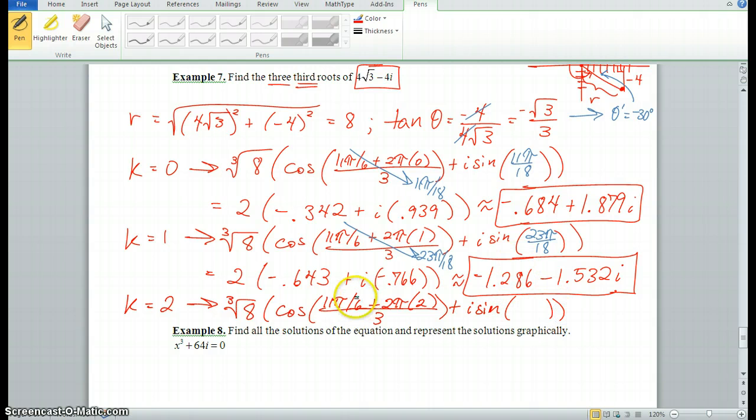What is that? Well, 11 pi over 6 plus 4 pi. What is that in sixths? 4 pi times 6 sixths is 24 pi over 6. So you get 24 plus 11, which of course is 35. So 35 pi over 6 over 3, which is 35 pi over 18.